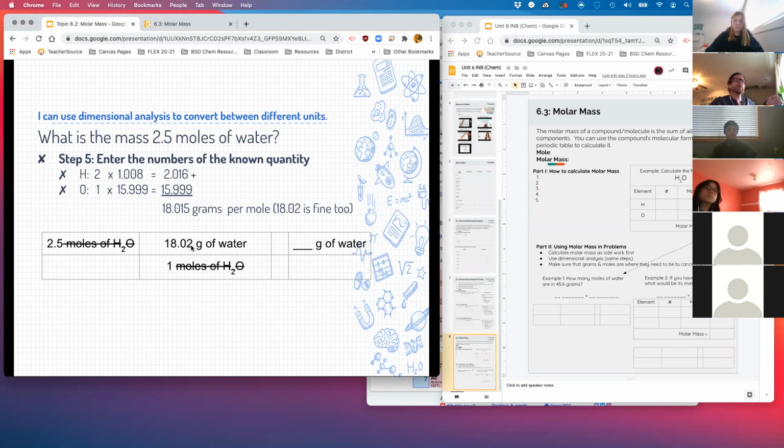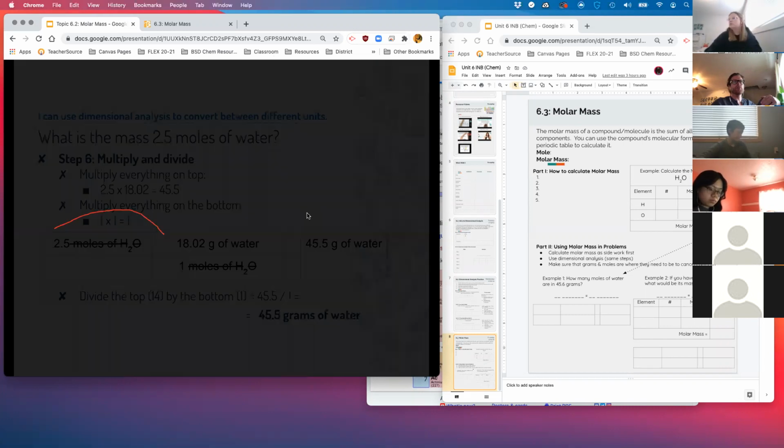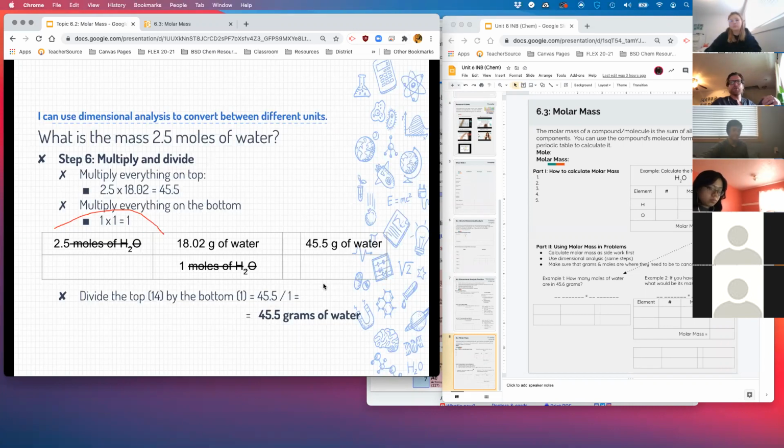So that means 18.02 grams goes on top and the 1 mole goes on the bottom. Now the last step's pretty easy. I just multiply everything on top, 2.5 times 18.02, and I get 45.5 grams of water. Okay?